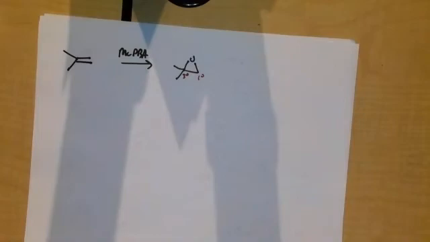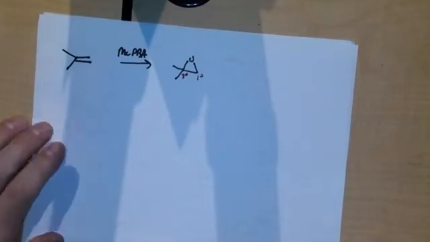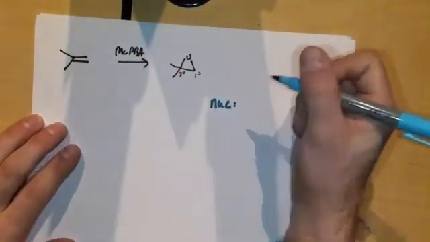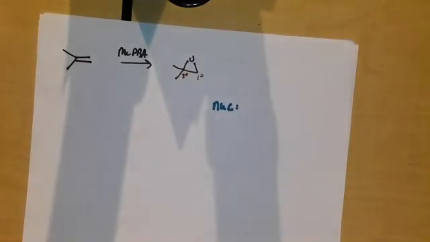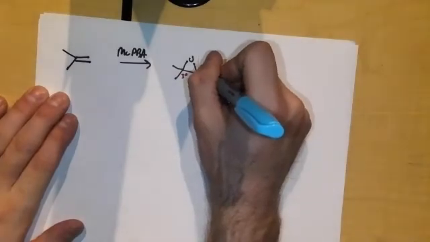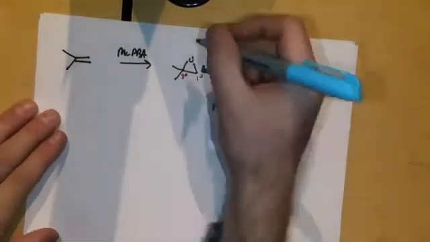From here, if we throw in a nucleophile that is not protonated, so our aprotic nucleophile, what'll happen is this is going to come in and attack at this less substituted position.